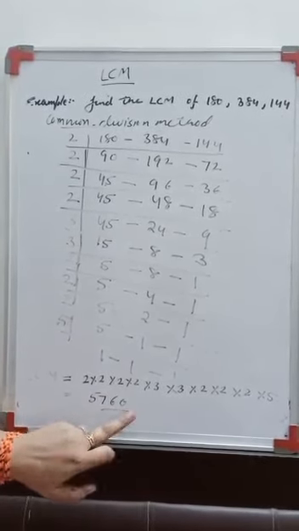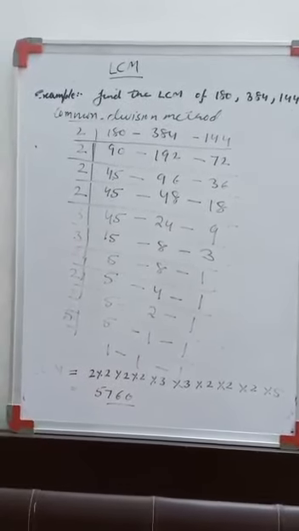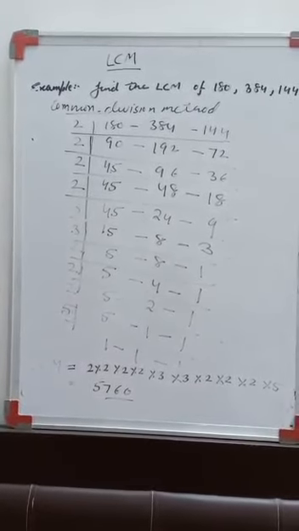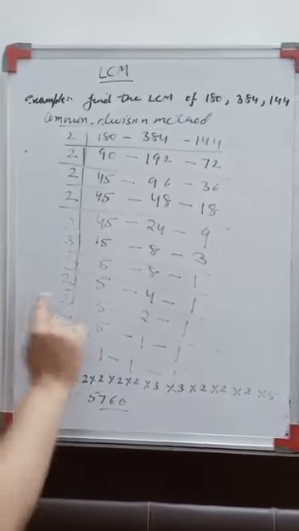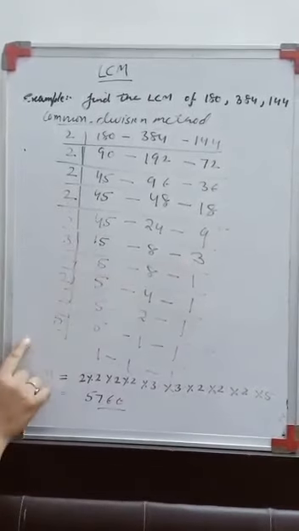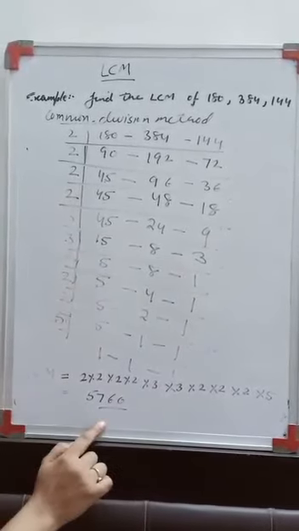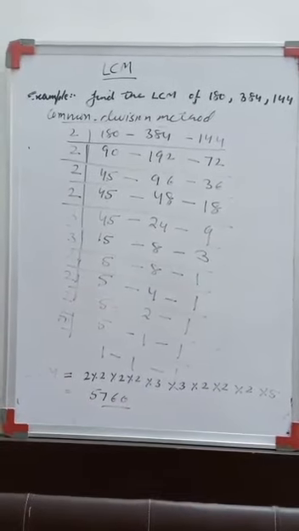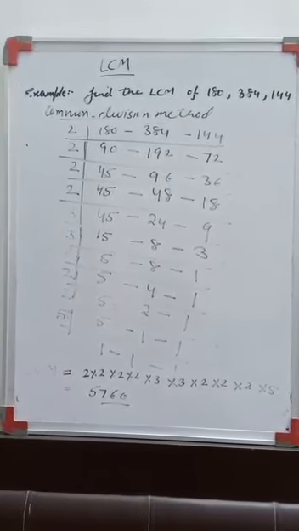Both methods are similar, but in prime factorization you are taking numbers individually. In the common division method, you are dividing all the numbers commonly with the common prime numbers and then calculating the LCM. So both are methods to calculate the LCM, and depending upon that I am going to give you the questions.